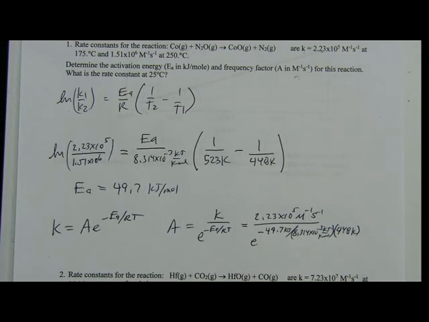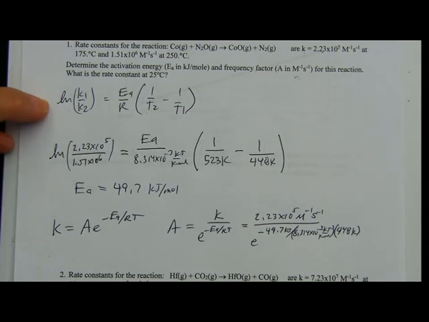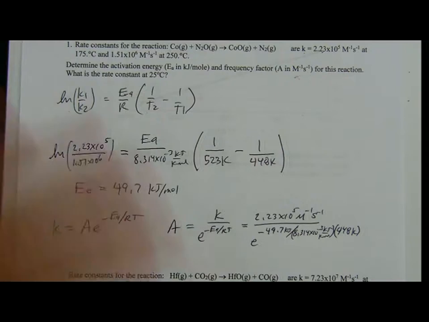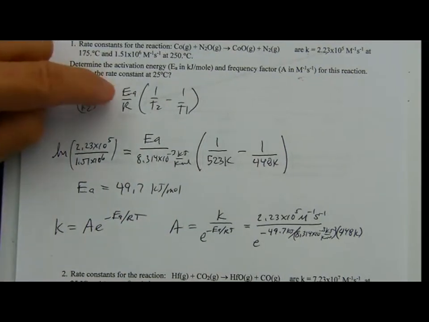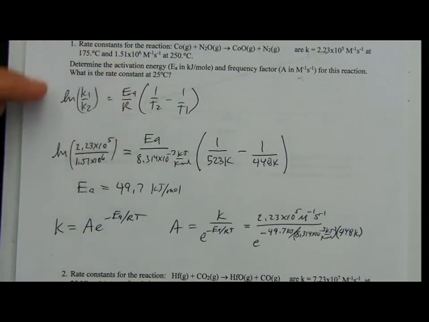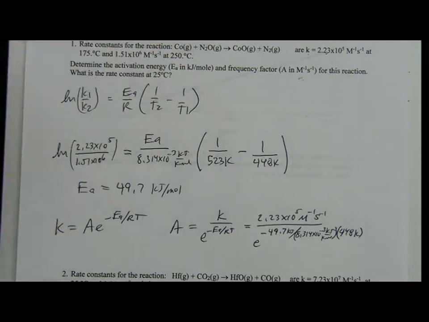If you decide not to use a solve function on that, you obviously can solve for it algebraically. There's no problem with saying E sub A is equal to 1 over R times, that's when you start making mistakes, divided by the whole thing of 1 over T2 minus 1 over T1. You can do that.